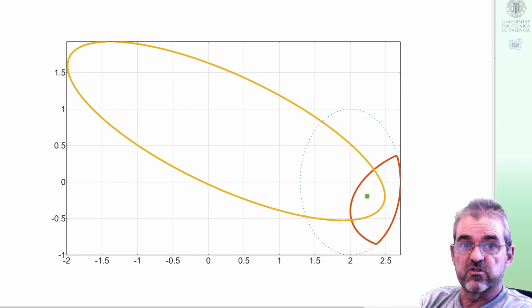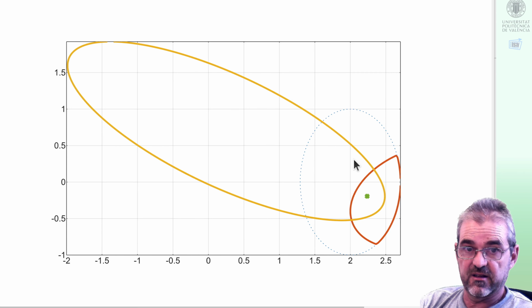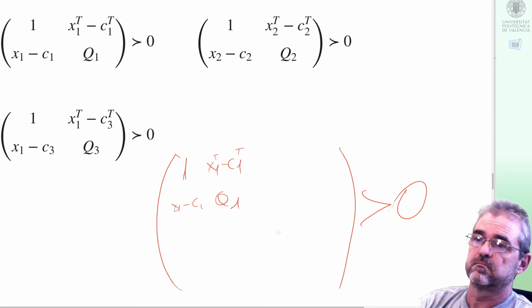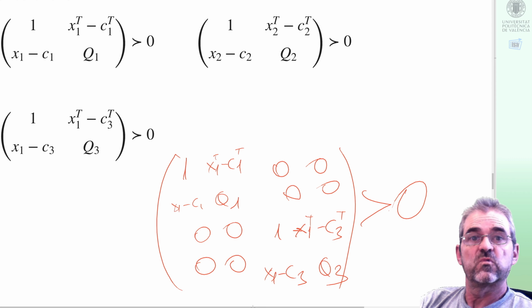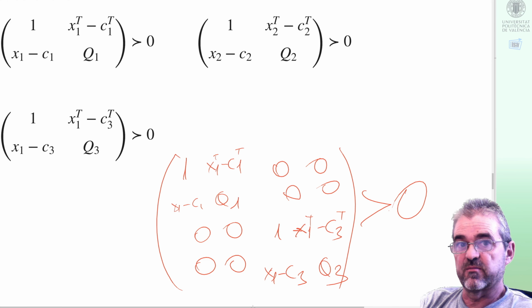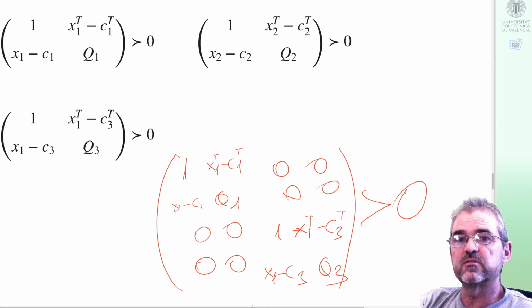I mean, a bunch of LMIs defining an LMI set is equivalent to a large LMI in block diagonal form. So even if formally an LMI set is just defined by one linear matrix inequality, an LMI set can be defined by several of such inequalities, just placing them in block diagonal form.